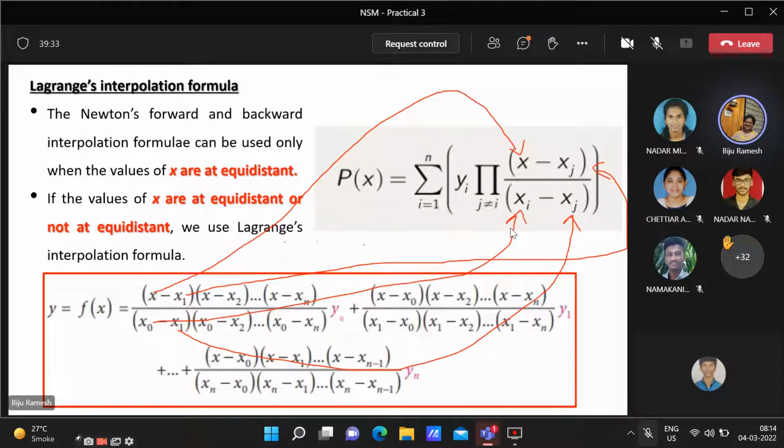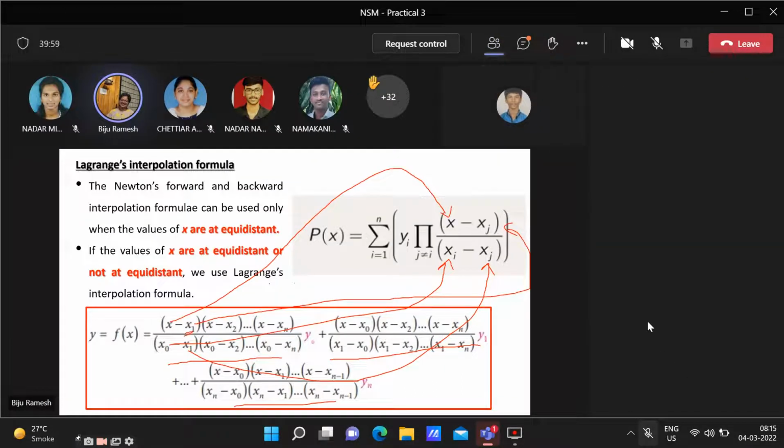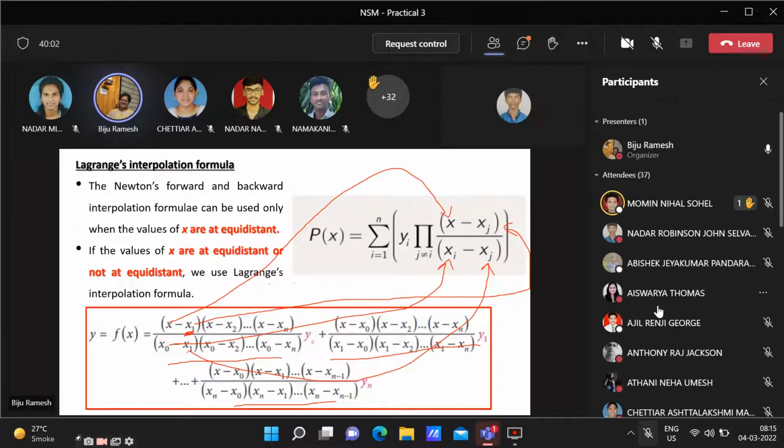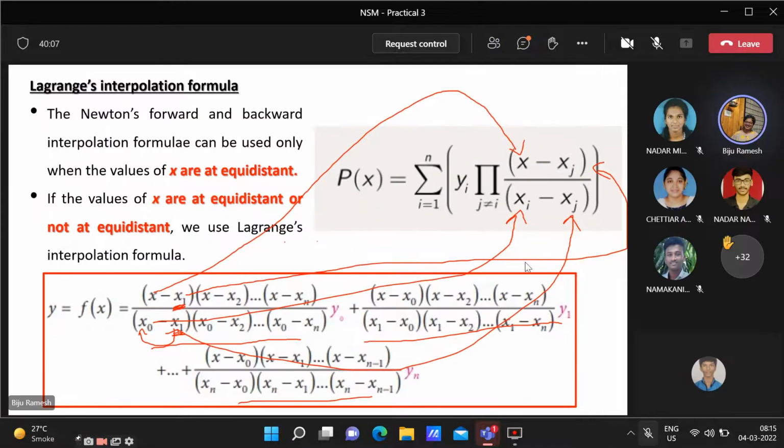Because it is a formula which is extending, this is one expression, then you have another expression, then another expression. It is based on the data we have. This will go on and on, and it will stop when the data is over. We don't know how many data points we have. What I'm trying to make you understand is how to write the code. Whatever is there here is there here.